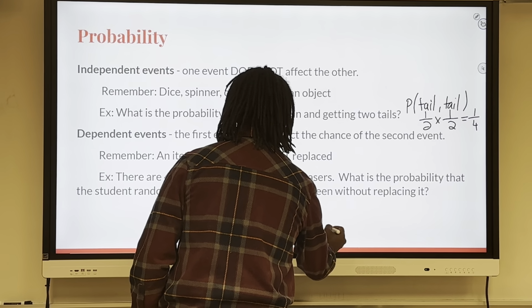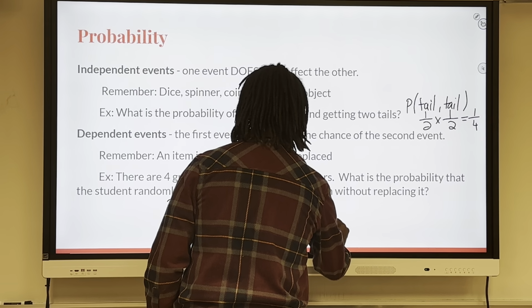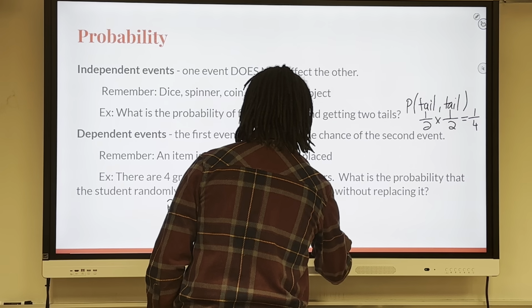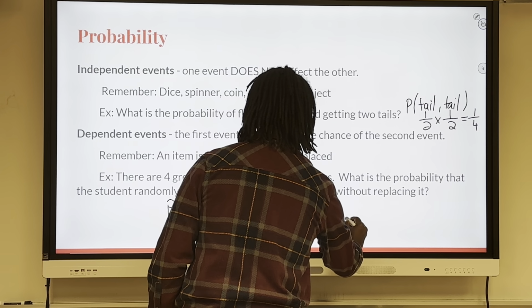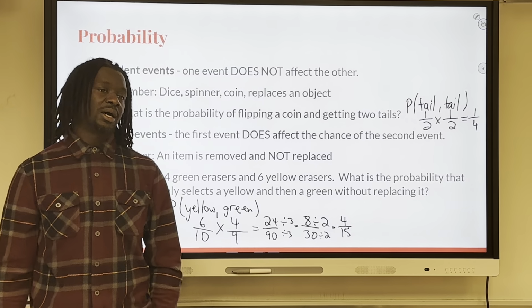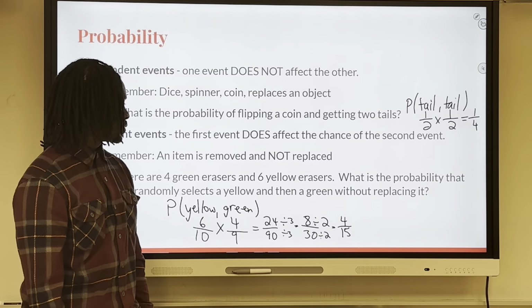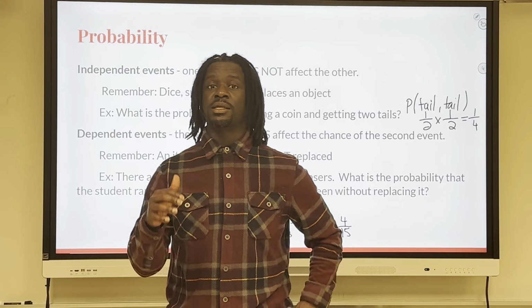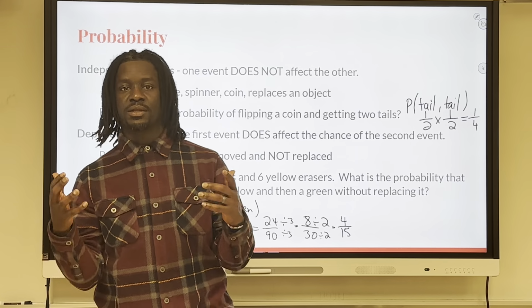Then I can divide it again by 2, and that's 4/15. So 4/15 is the simplified answer. Again, the key for independent versus dependent is whether the first event affects the second event.